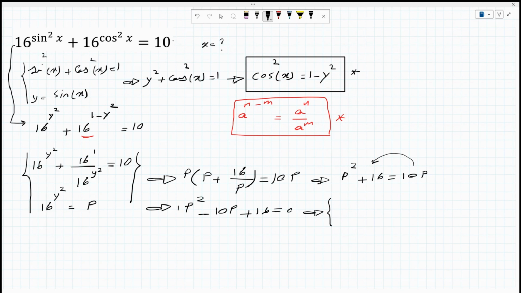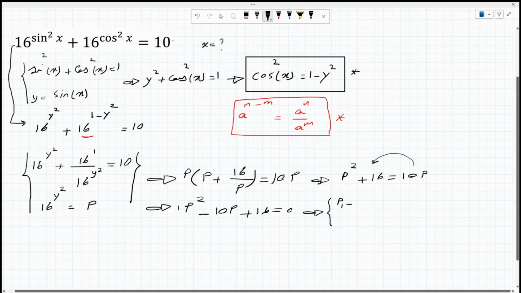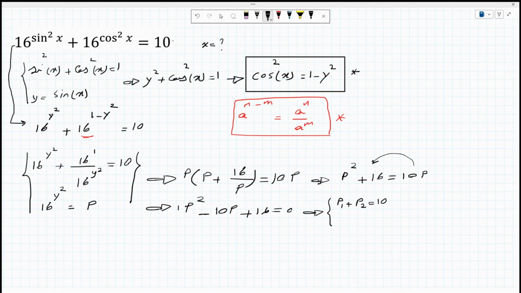The easiest way to solve for p is we need to find p1 and p2 such that p1 plus p2 is equal to 10, because we have 10 here, and also p1 multiplied by p2 equal to 16, because we have 16 here.